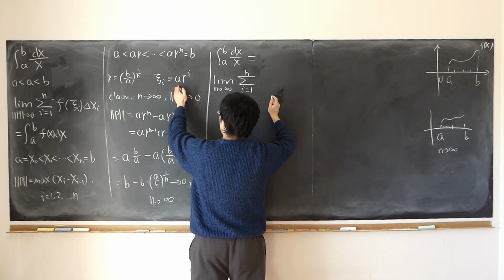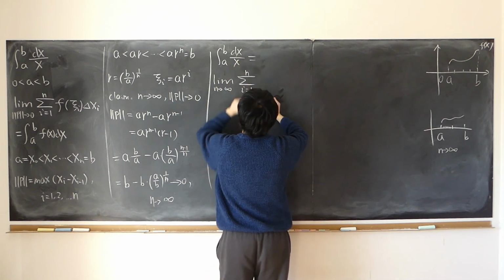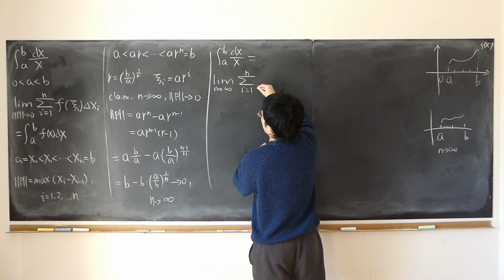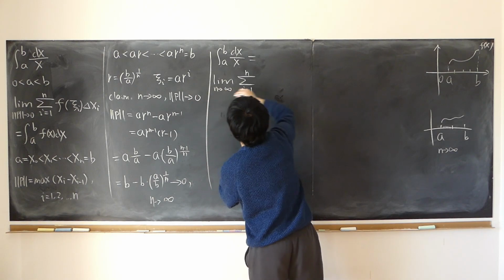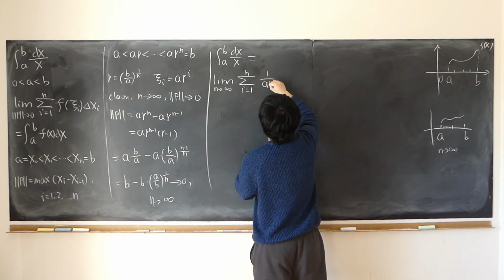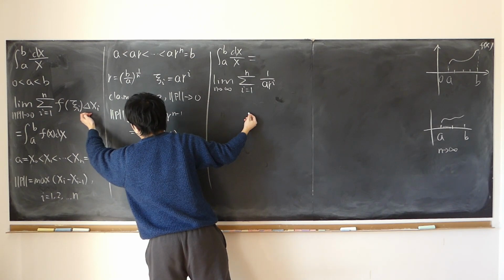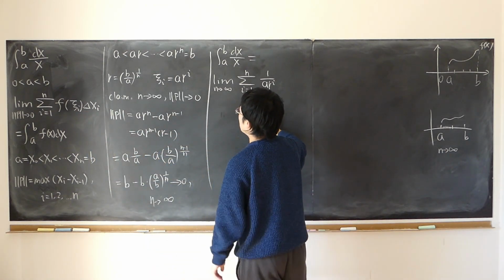That is this value, right? Plug this value into this function, 1 over x, that is x replaced with this one. That is 1 over a times r to the power of i, right? Then I have to multiply by delta x_i.